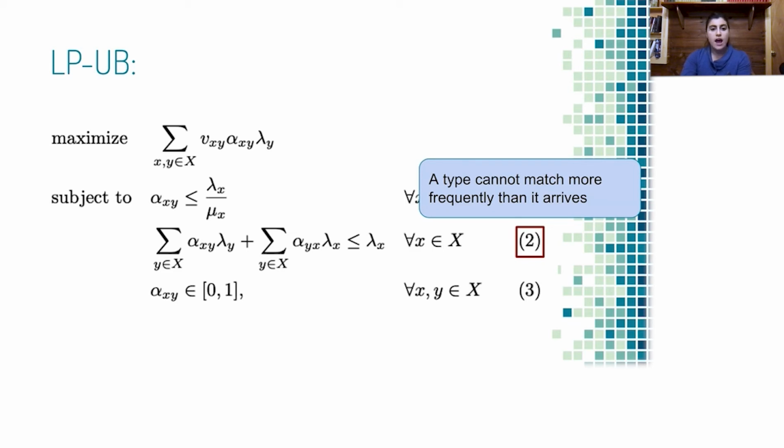So alpha XY is what we're trying to solve for here in this LP, because we know V, we know lambda for all of our types. And what we're trying to figure out is, given this information in our LP, what would we like the fraction of match rates of each of these types arriving? So in our ideal scenario, if some type Y is arriving, what do we want the probabilities that it's matching to any given other types in the system to be?